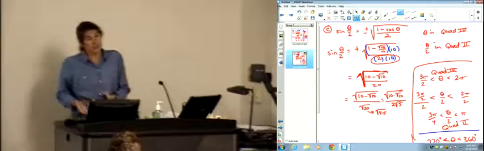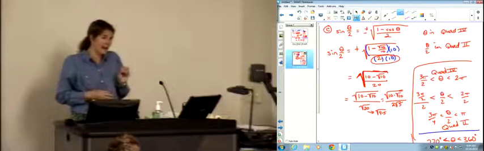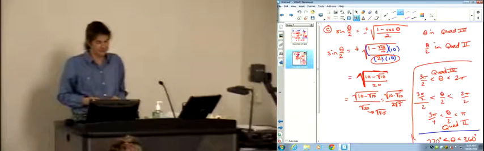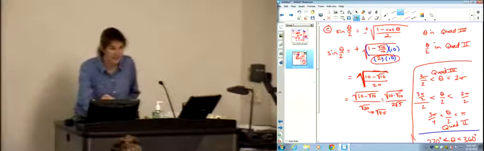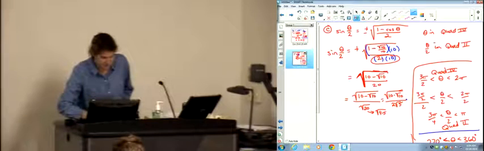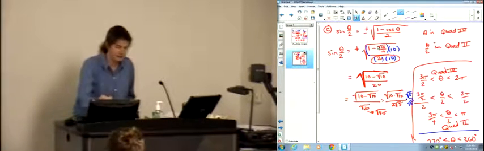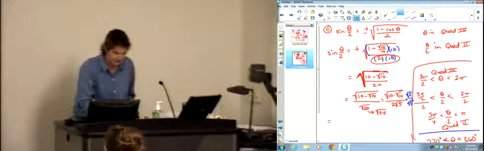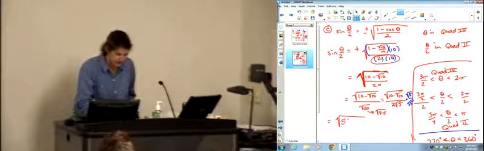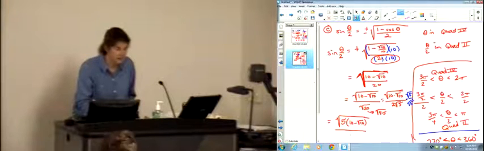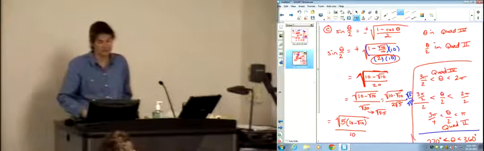And typically this would be rationalized because it has that single radical in the denominator there. That's going to be a little crazy maybe. But we would multiply by the square root of 5 over the square root of 5. And we would get square root of 5 times 10 minus the square root of 10 over 2 times 5, which is 10.